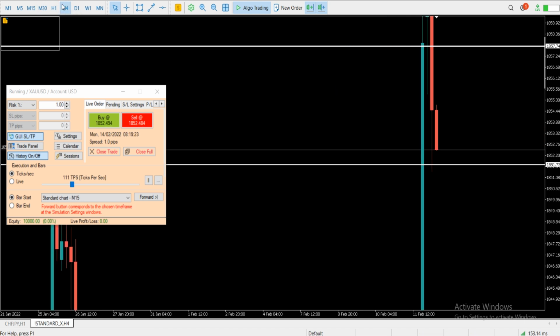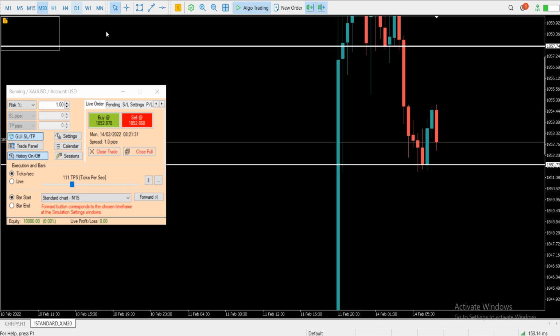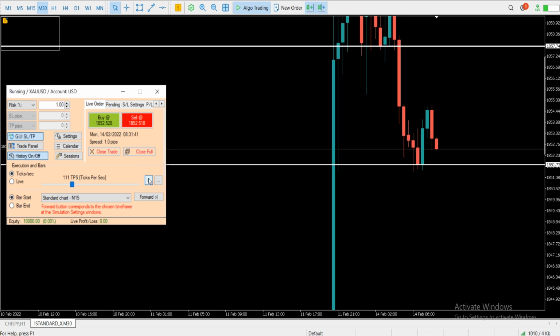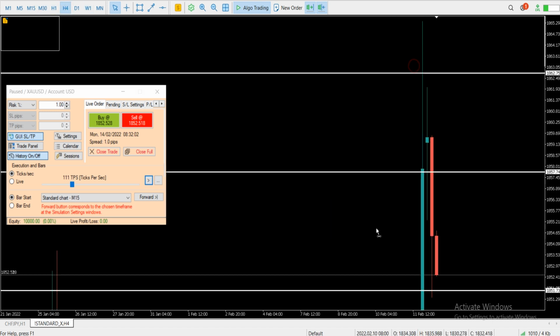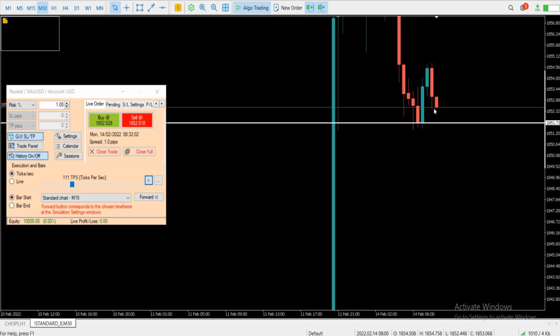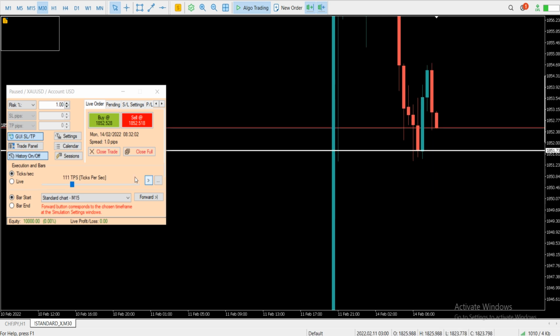Okay, 4-hour is just pushing down without creating a top wick. Okay, maybe it... do we have a resistance forming here? Looking at the 4-hour, can we take a sell if this kind of breaks the low? I think yes. I think there is a very high chance.